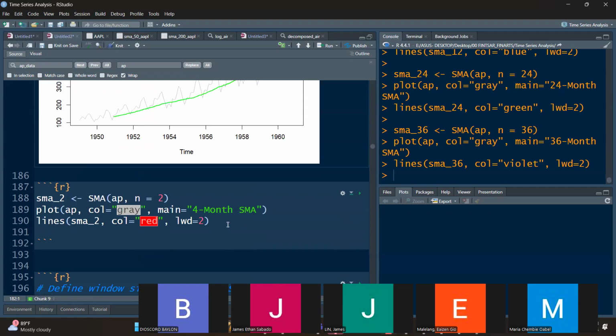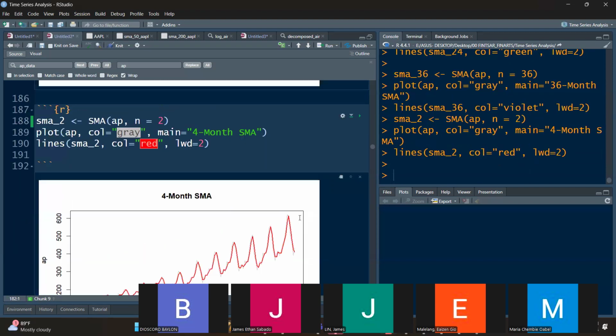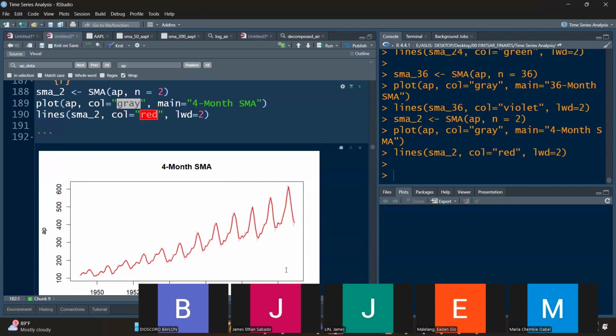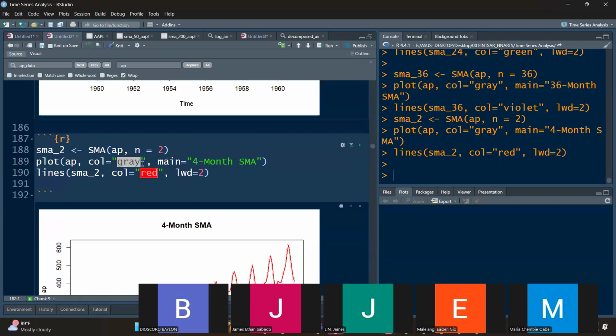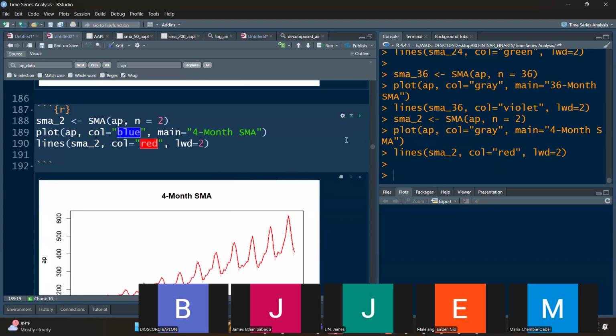Here, if it was 2 months, we said last time that this will generate a prediction that almost mimics your data. Maybe let's change the gray into blue, since the gray one can't really be seen.